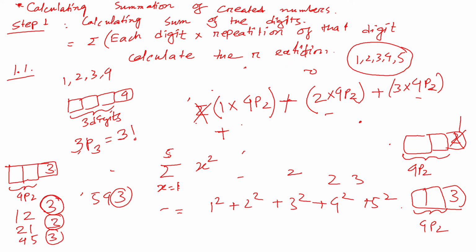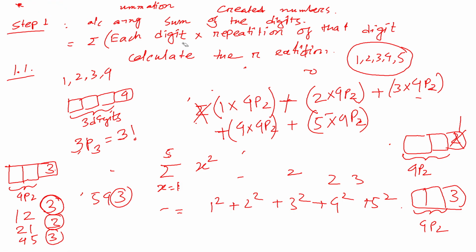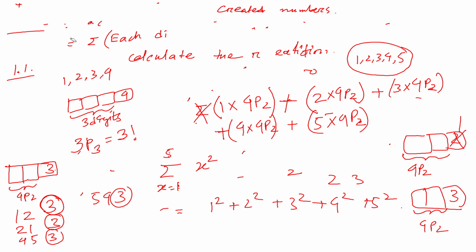So again for 4 it will be 4 times 4p2, plus then again 5 times 4p2. Now if we try to relate it back to the previous formula which was given to us, let me erase some portions as well. See, previously what was the formula, can you tell me?